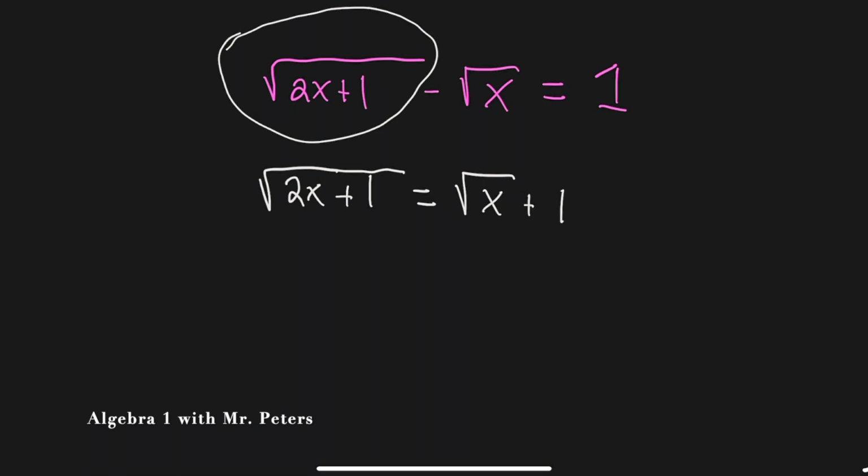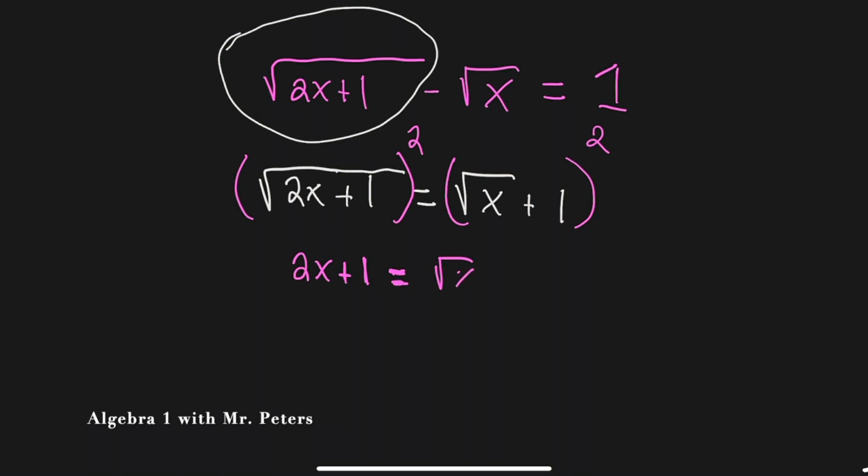Now at this step, we could square it and get rid of the radical. But there's something that we also have to be very mindful of. This process is going to be different for both sides. So on the left-hand side, once we square, we're going to get the same expression without the radical. But on the right side, guys, please remember that both those terms are not under the radical. So we have to FOIL.